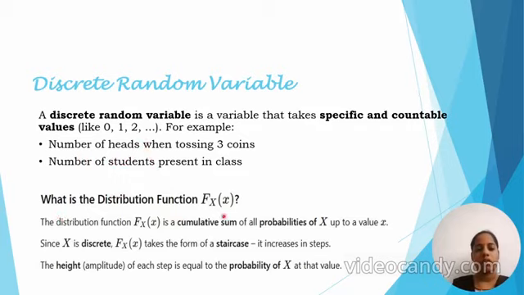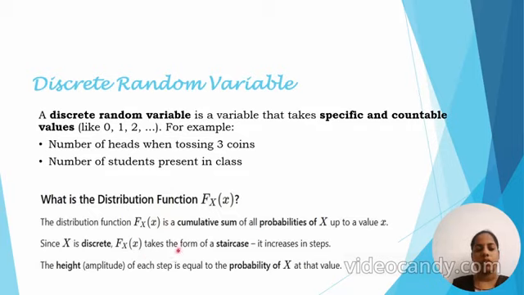What is the distribution function F_X of x? The distribution function F_X of x is the cumulative sum of all probabilities up to value x. Since X is discrete, F_X of x takes the form of a staircase and increases in steps. The height of each step is equal to the probability of X at that value.